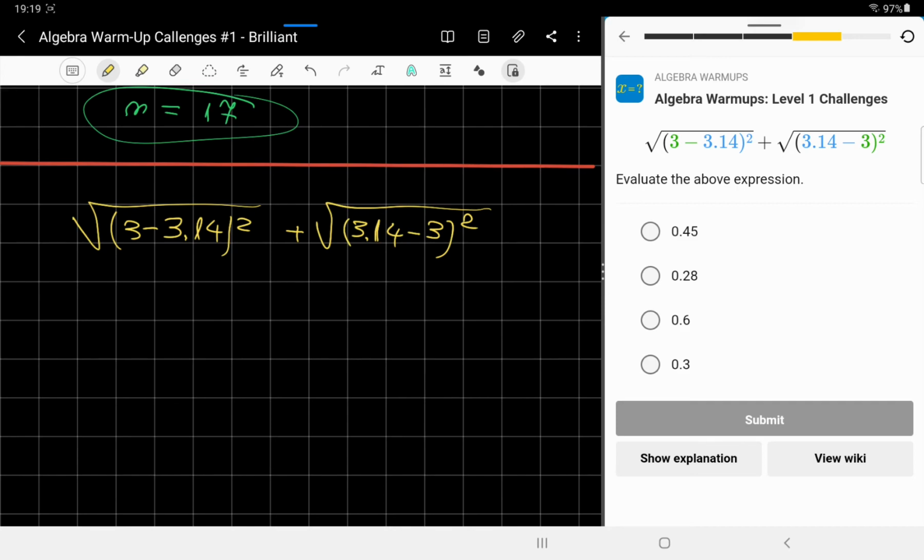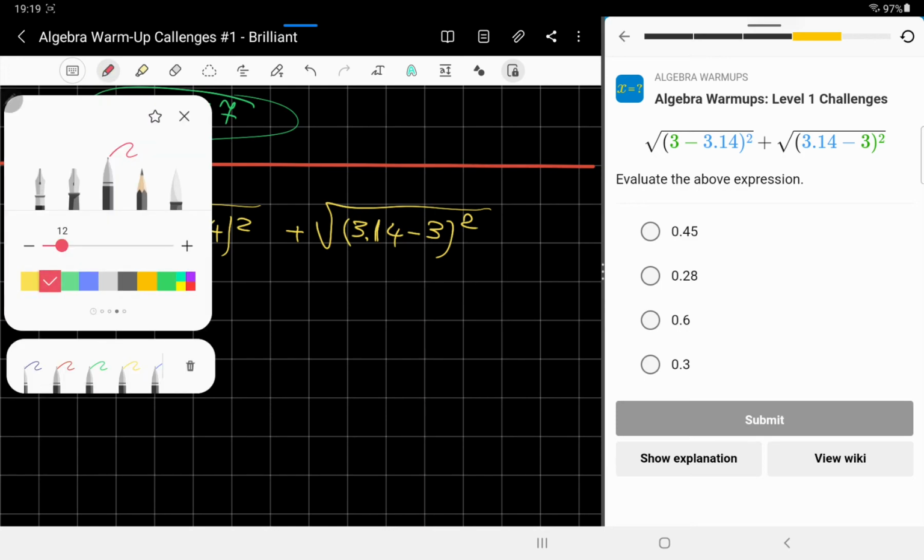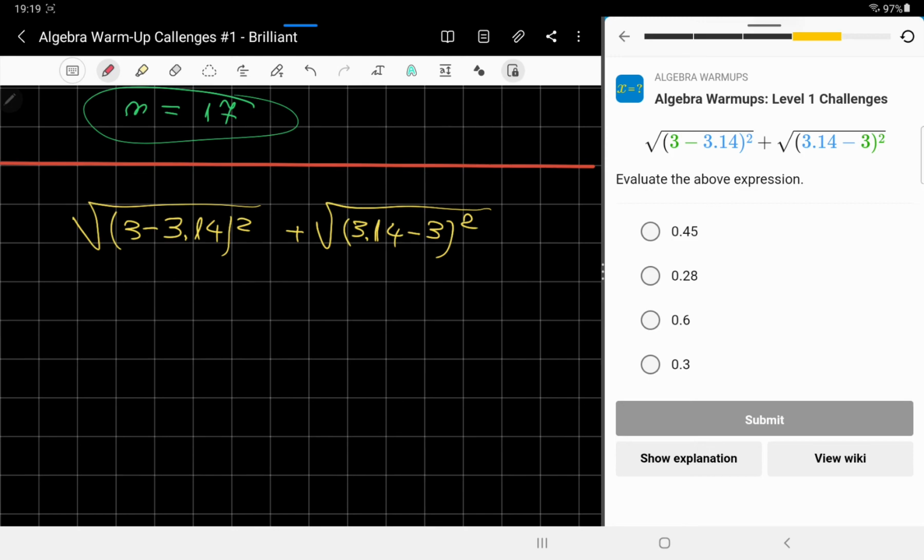I think there are multiple ways to do this. Let's try the first one that comes to my mind. We could simply rewrite the first one as, if we apply the rule of subtractions, I'm not even sure if that's what it's called.